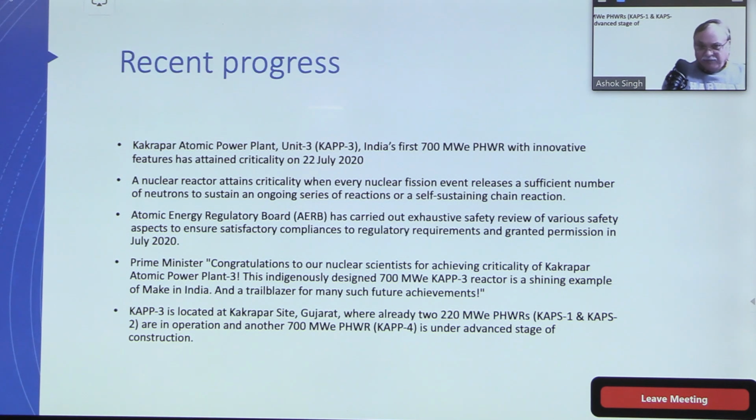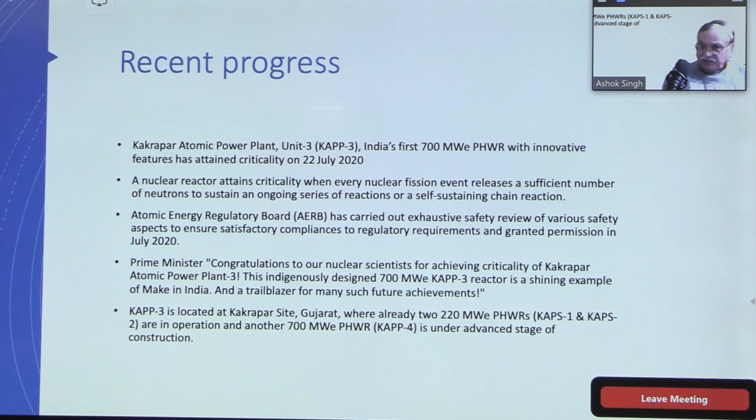This is what the Prime Minister had said at that time. I just quoted a statement from the Prime Minister. You see, that's not because we are campaigning for the Prime Minister, but essentially the importance of this achievement. Congratulations to our nuclear scientists for achieving criticality of Kakrapar Atomic Power Plant 3.